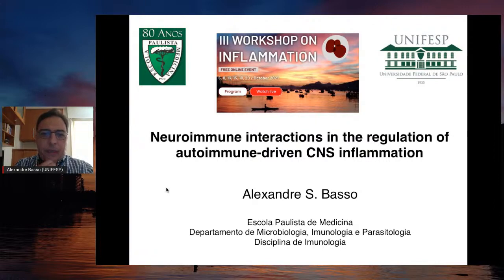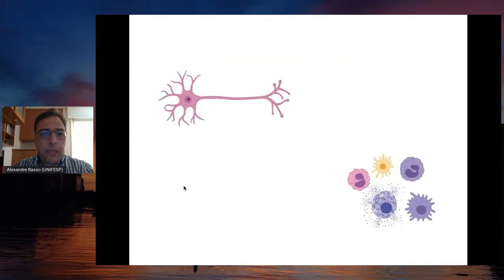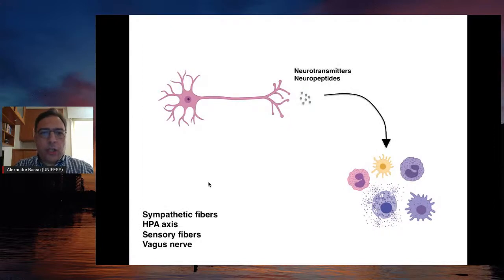So the lab has been interested in the crosstalk that takes place between the nervous and the immune system. As you know, in one direction, the nervous system, by releasing neurotransmitters and neuropeptides, can modulate immune cell function and thus control immune and inflammatory responses.